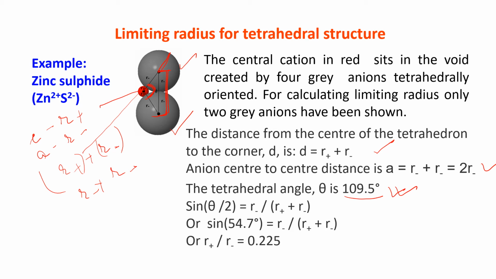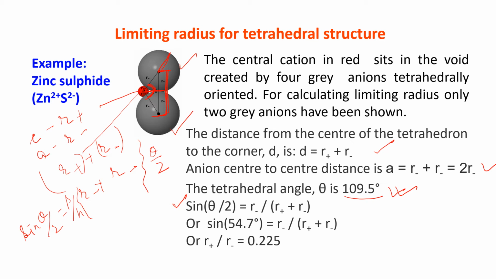109.5 degree. Now suppose I want to find out the radius ratio, then just join this line. So the angle is coming theta by 2. So take sine theta by 2. Sine theta by 2 is equal to P by H. Now what is P?